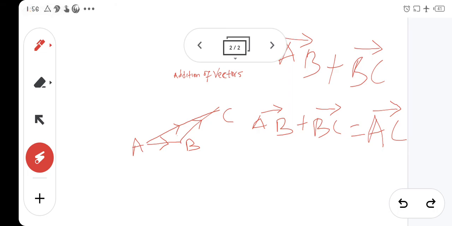This vector is going from point A to point B, and this vector is moving from point B to point C. The magnitude of the resultant will be given by the length of AC, and the direction will be given by the arrow of this third line. We are moving from A to B and from B to C, so the direction of the resultant will be from A to C. That's how we have the direction pointed from here to here. So that is how we add two vectors.